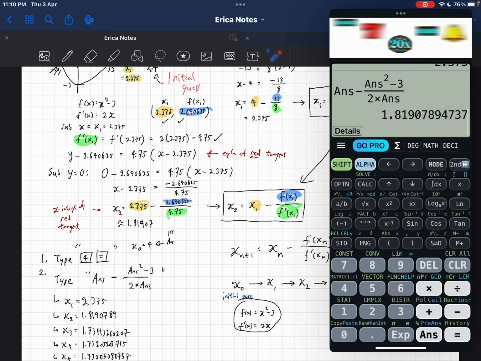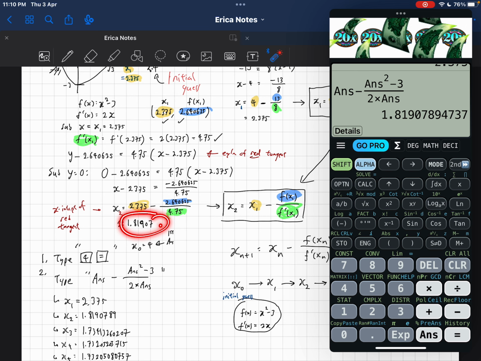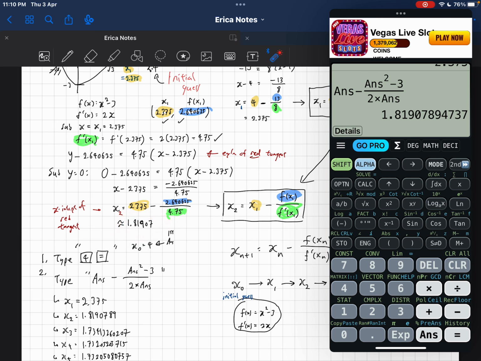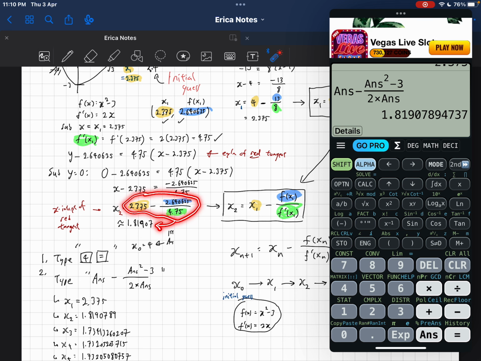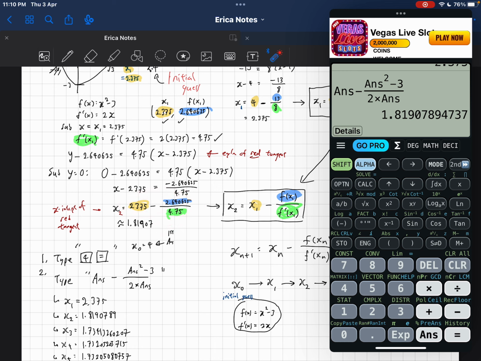I press equal, what happens? Isn't that this value, 1.81907? If you're not convinced, you can manually type this into your own calculator. You should get the same answer, 1.81907. Because essentially what we're doing is replacing the x0 with x1. The ANS gets updated with the previous one.